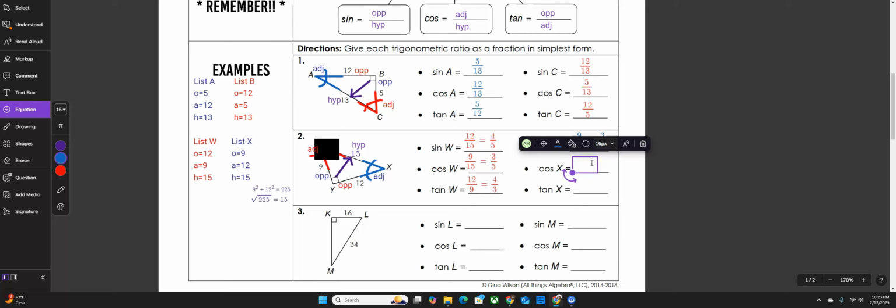Our cosine of X is going to be 12 over 15, which is going to be equal to 4 over 5. And then finally, our tangent is going to be 9 over 12, which again is equivalent to 3 over 4.